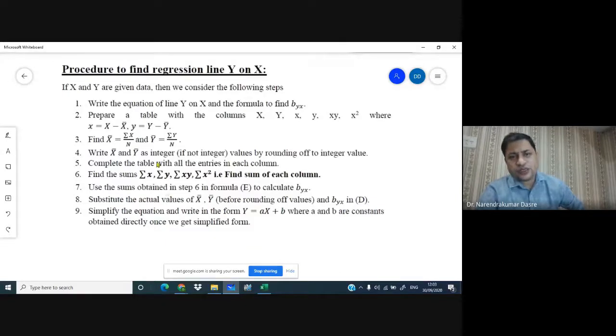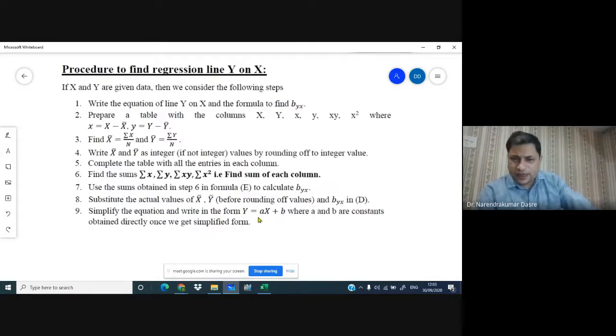Once you know all this, we put the values in the formula for byx. Once we calculate byx, we put the value of byx in the line of regression, and then we have to simplify the equation in this form.